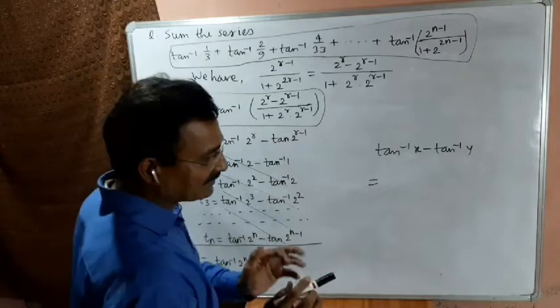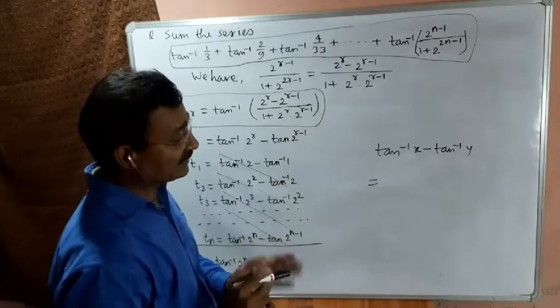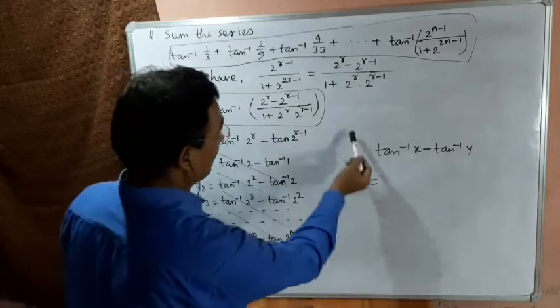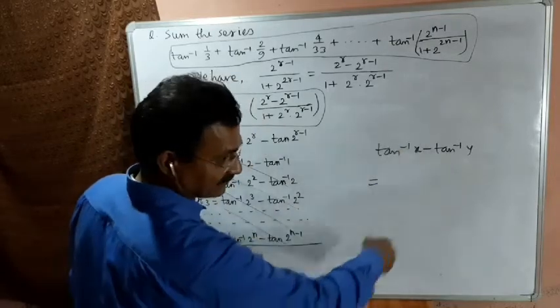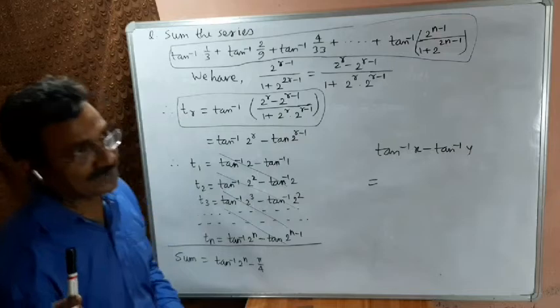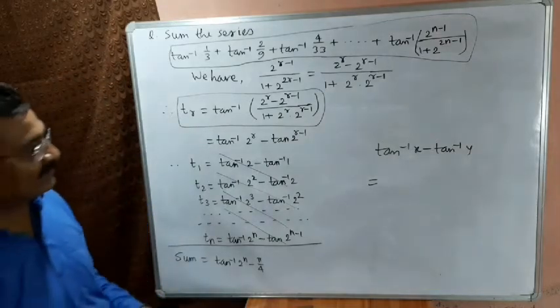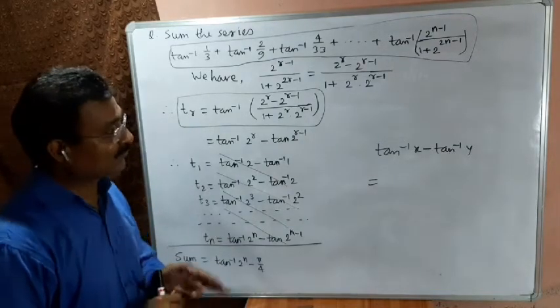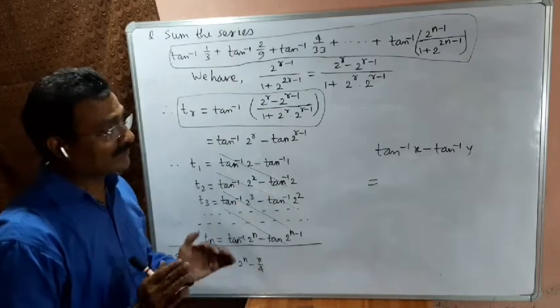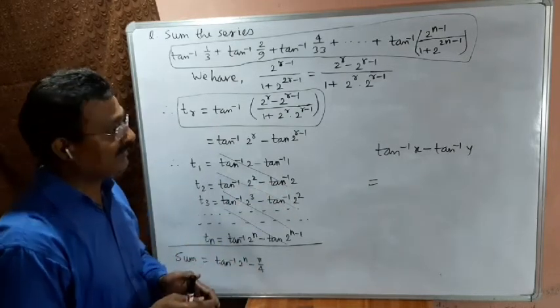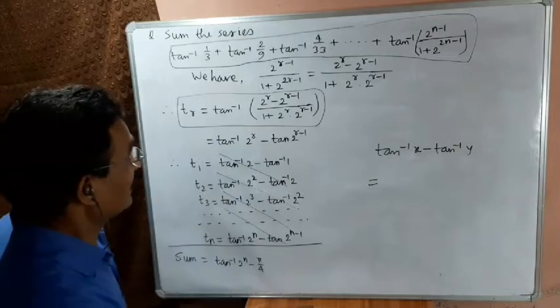There would be a pattern in which so many terms will be cancelled out, either like this corner wise or like this corner wise, and after cancellation there will remain only two terms, one in the beginning and one in the end, and we can calculate them very simply, very conveniently.